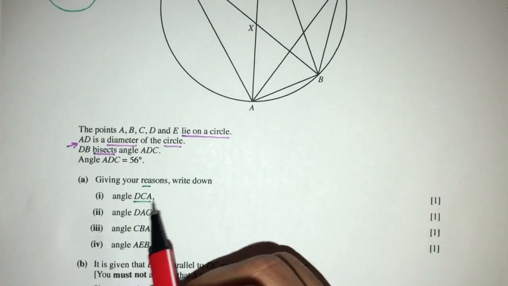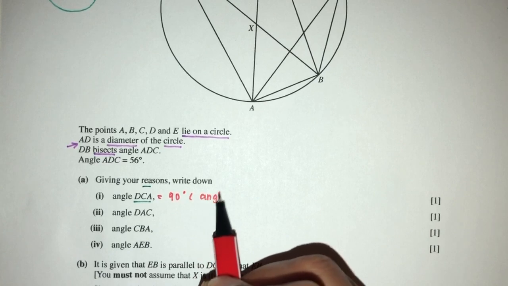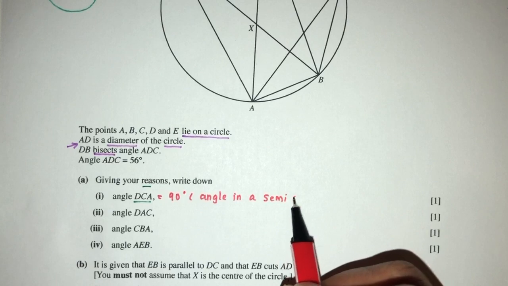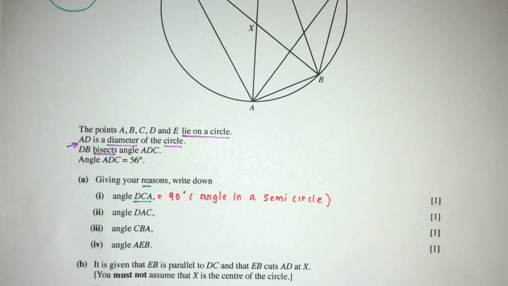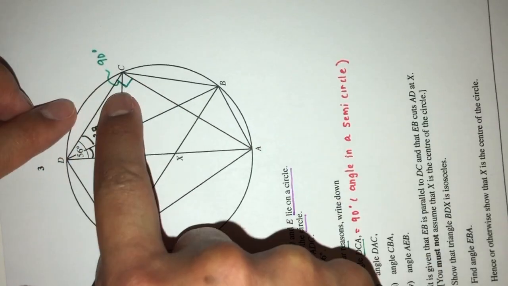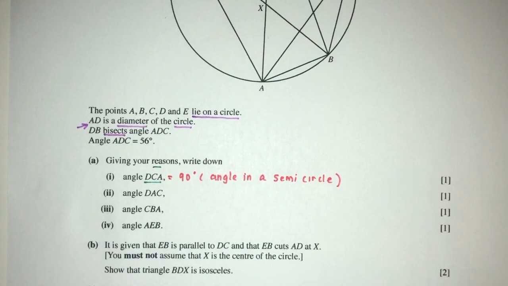So let's write this down. First value here is 90 because it is the angle in a semicircle. That's the reason why. As you can see here, they meet right here. This has to be 90 because of that theorem. Now for part 2, we have to find the angle DAC.